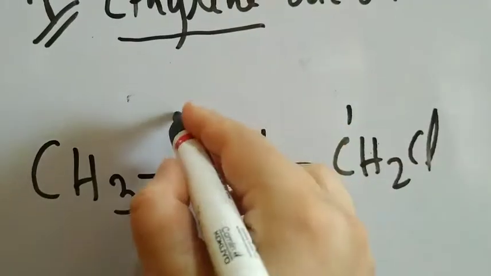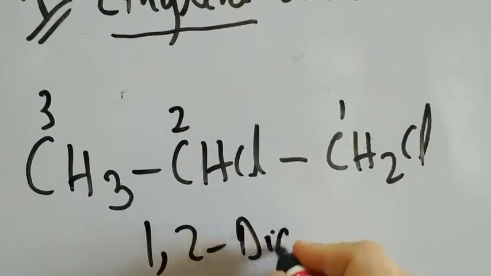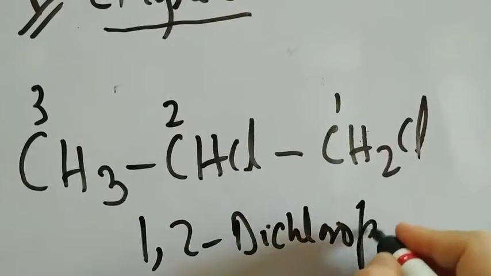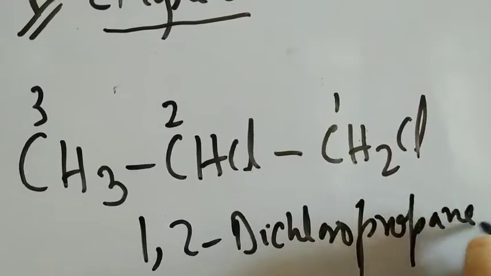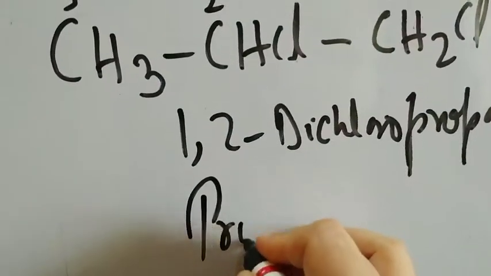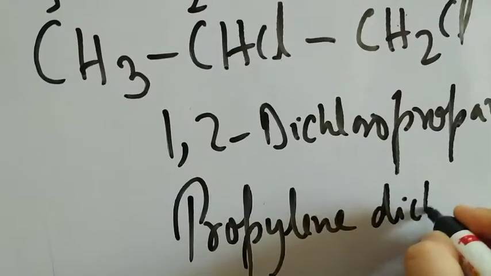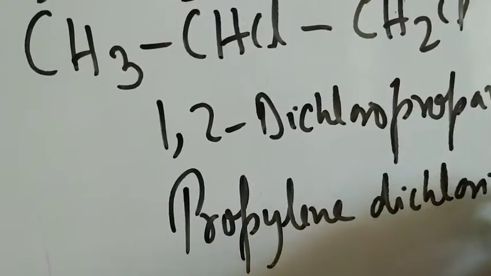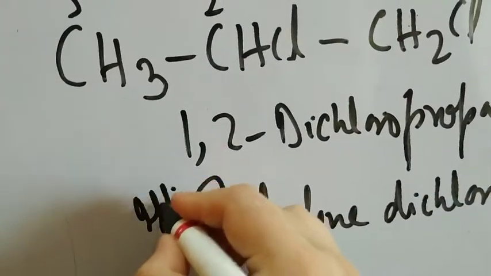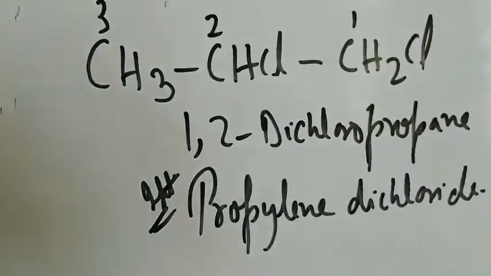Again, the IUPAC name is very simple, 1,2-dichloropropane. However, what is the common name, which is an important name here? Propylene dichloride. Again, I'm writing important here because you should be able to write down this name.